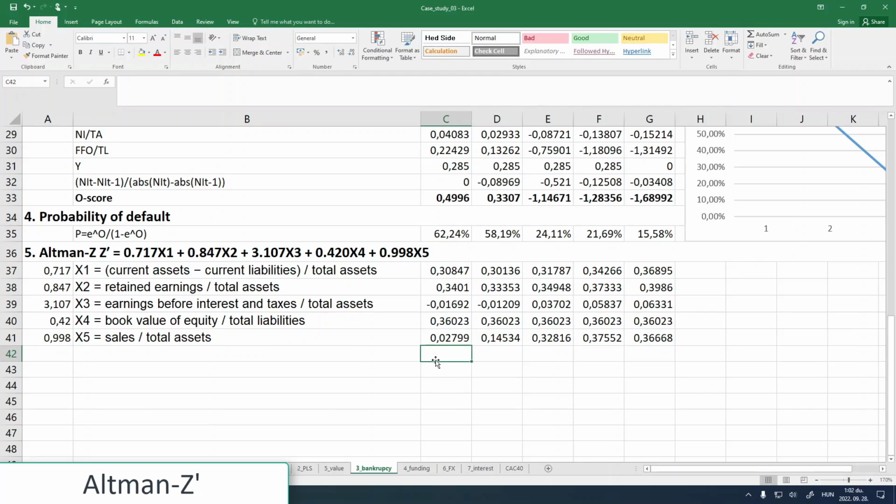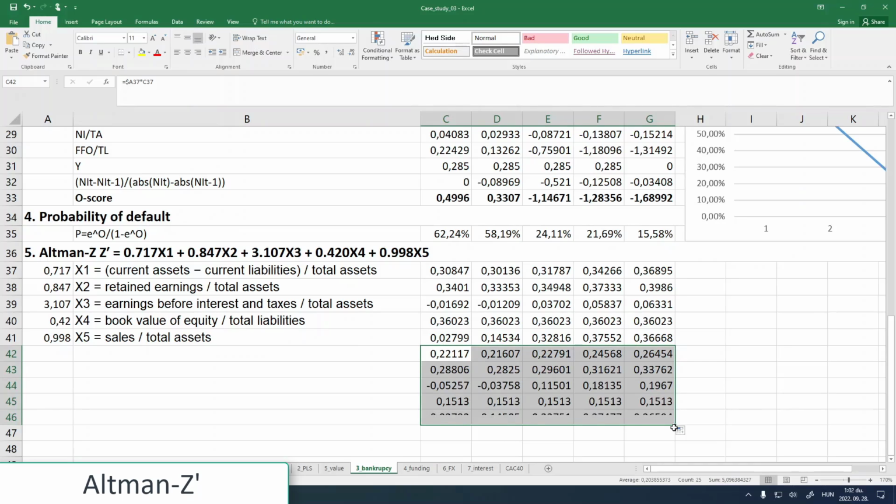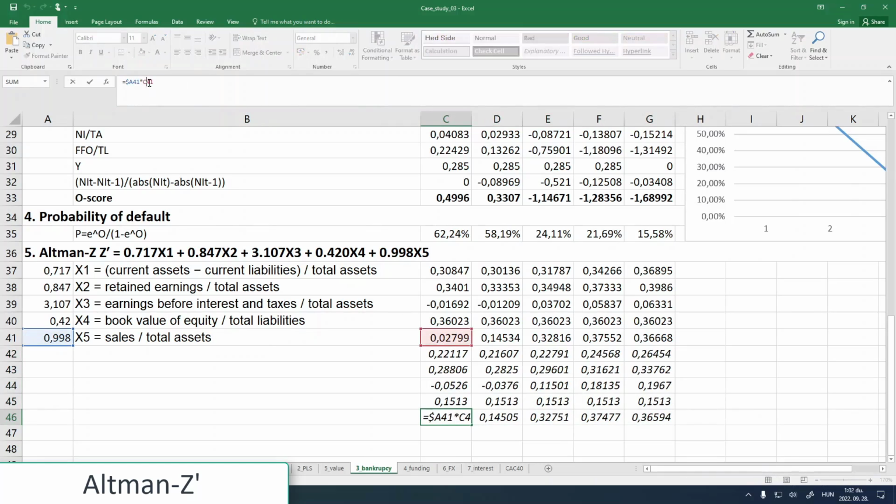Okay, so we can now do the multiplication like we did before. This number multiplies this number, but we are using the dollar mark in this direction, and 1, 2, 3, 4, 5 onwards. We are checking that we are referring to the proper numbers here.